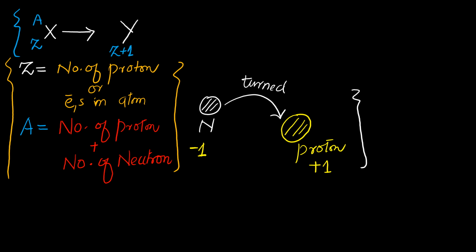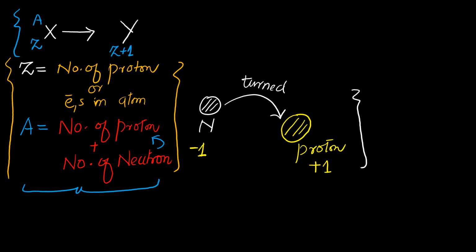And since you know that the atomic mass basically represents the number of protons plus the number of neutrons, and the neutron is converted into a proton, the total amount of protons and neutrons, if we add them, is the same as the total number of protons and neutrons of the X atom.